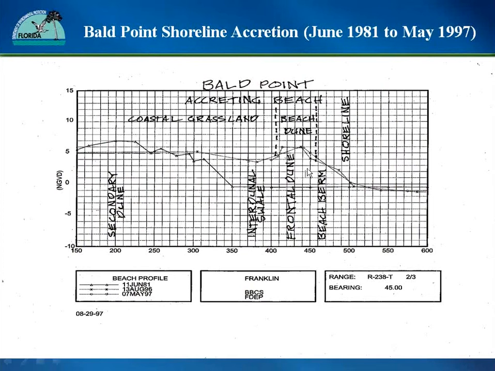So when I look at this particular photo, I see in the center of the photo a line identified as the Coastal Construction Setback Line, 1976. As I mentioned, studies were done on a county-by-county basis, and so from 71 to 76, the only protection on this shoreline was that 50-foot setback from mean high water.